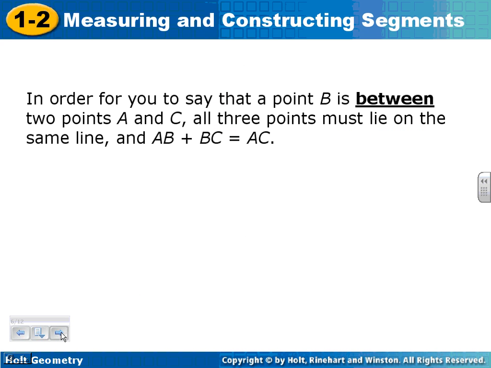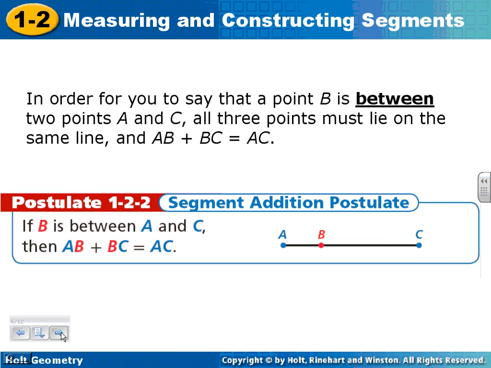In order for you to say that a point B is between 2 points, A and C, all 3 points must lie on the same line. So remember the word collinear. And AB plus BC is AC. Here it is.